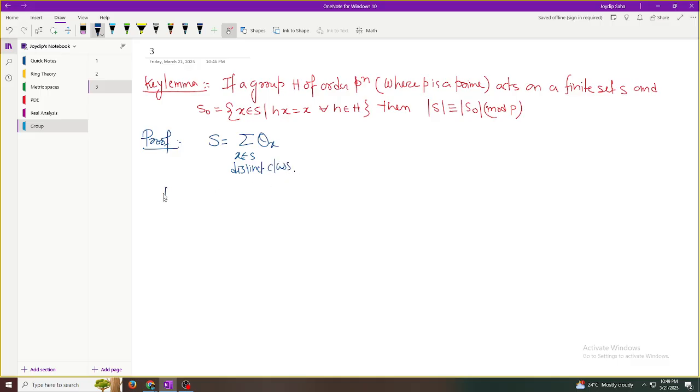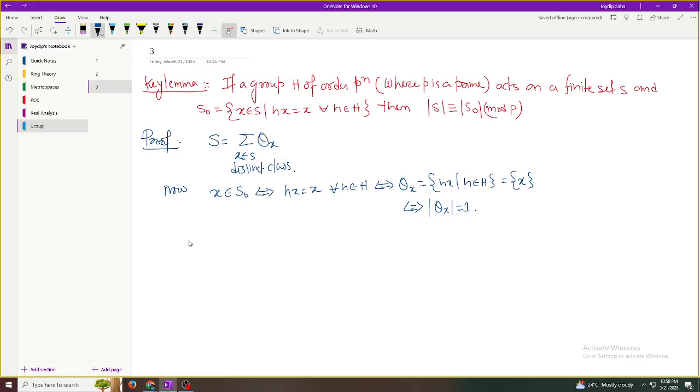Now x belongs to S0 if and only if hx equals x for all h belonging to H, if and only if the orbit of x, the set of hx such that h belongs to H, equals the singleton x, if and only if the cardinality of the orbit of x equals 1.